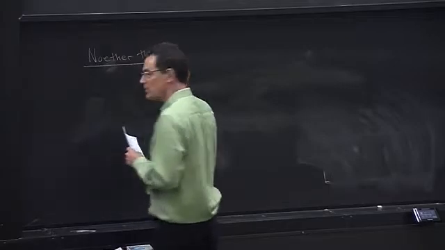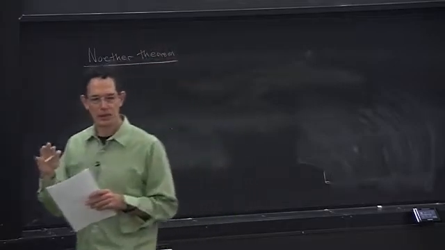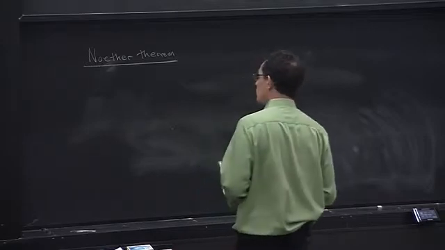Okay, so Noether's theorem. As you will see, it's a very clever idea, but rather simple to state, very deep to think through. So the statement is the following. It's all about actions. So it only applies if you can formulate your theory using an action.